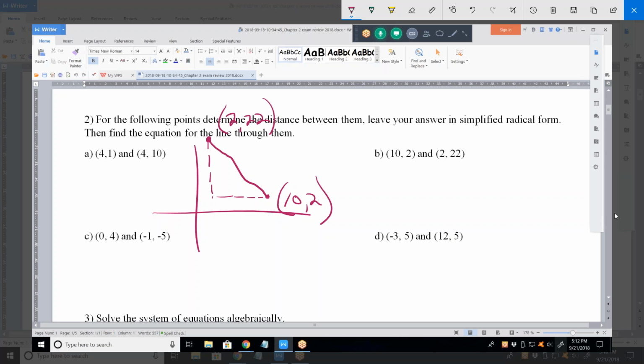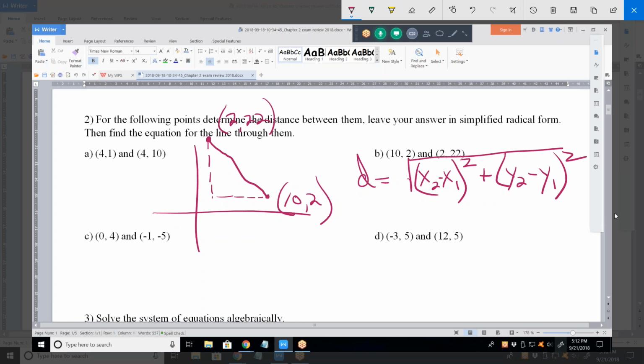It really is. It looks complicated, and most people don't really realize that it's the Pythagorean theorem, but it's the difference in the x coordinates squared plus the distance between the y coordinates squared.